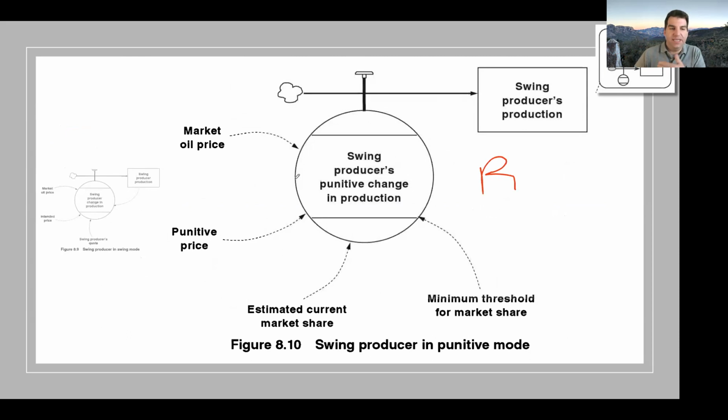And so the idea here is that they will start flooding the market with oil up until the point where the price falls to this punitive price. And so this is kind of the lowest price they're willing to allow the oil market to go to. But up until then, they just keep flooding the market with it until they can detect that the other producers who have been adding extra oil to the market stop. And once that happens, then they flip back into swing mode and then regulate the price back up to where it was supposed to be.